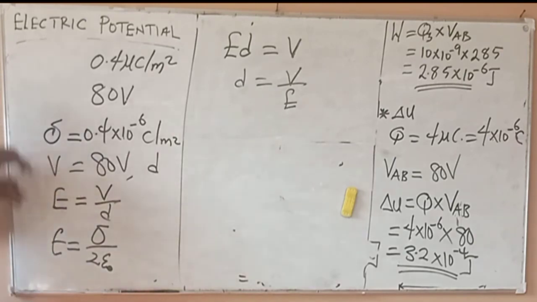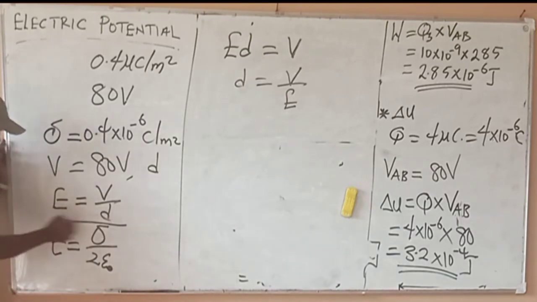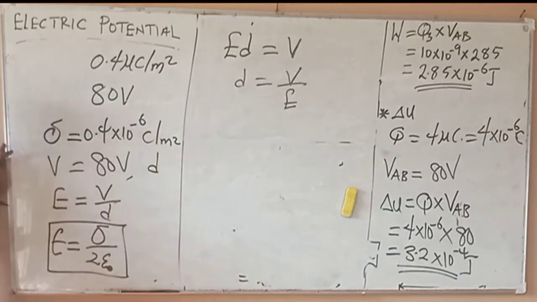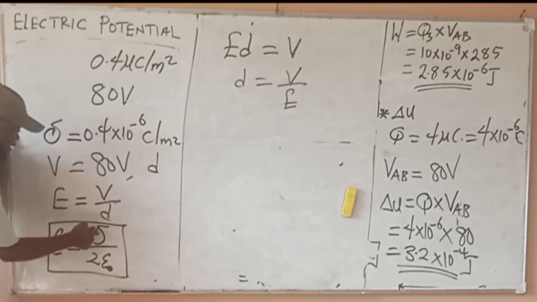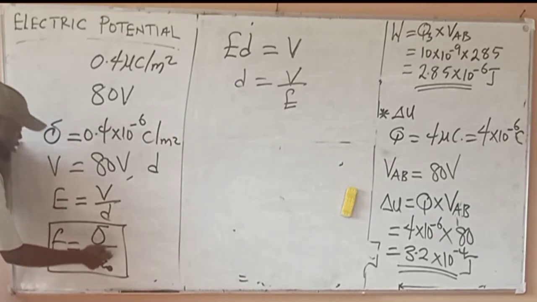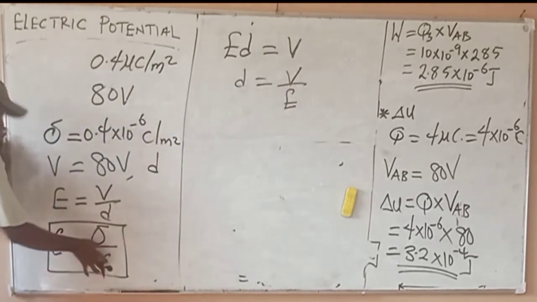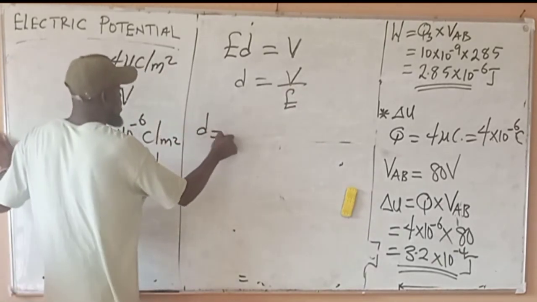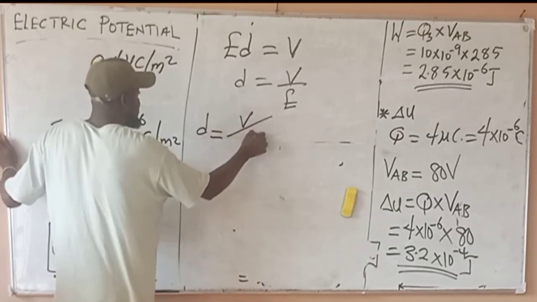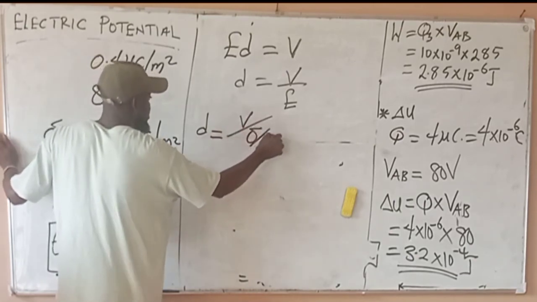Now, the electric field due to a sheet of charge is sigma over 2 epsilon naught. So we remove this E and replace it with sigma over 2 epsilon naught. So d is equal to V divided by sigma over 2 epsilon naught.